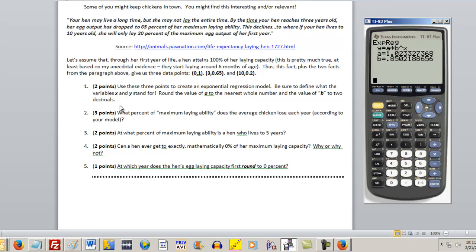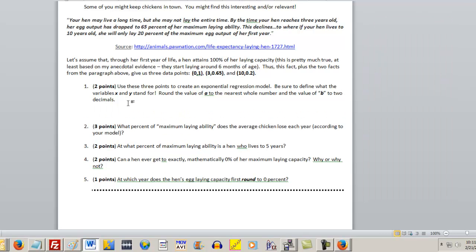So as far as the model goes, here I'll tell you what the variables stand for. Y equals roughly 1 times 0.85 to the x power. I'm going to fancy this up a little bit for you.